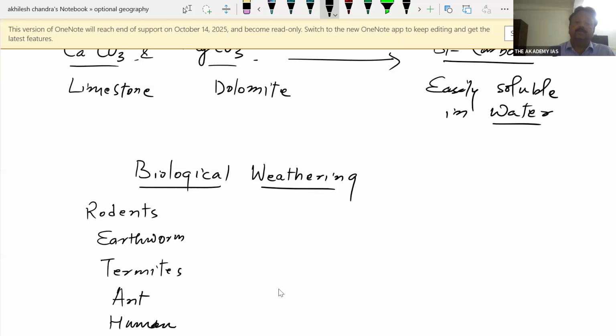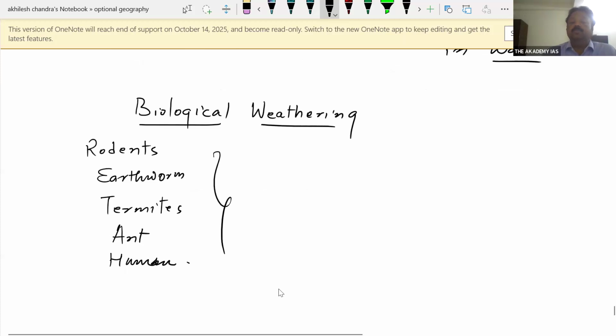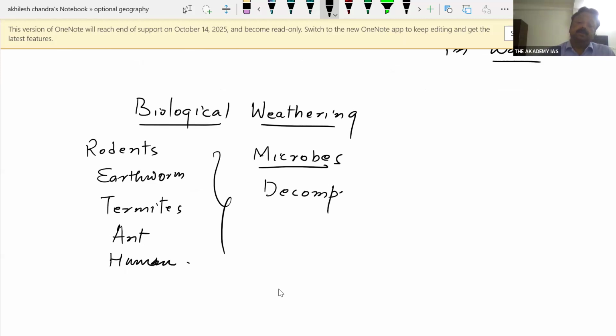We are continuously doing mining activity, agriculture and all, so we are also disintegrating rock. Not only this, microbes are tirelessly doing the process of decomposition, which is also responsible for formation of different types of acid in soil, and this acid leads to different types of chemical reaction. So there is biochemical weathering also.